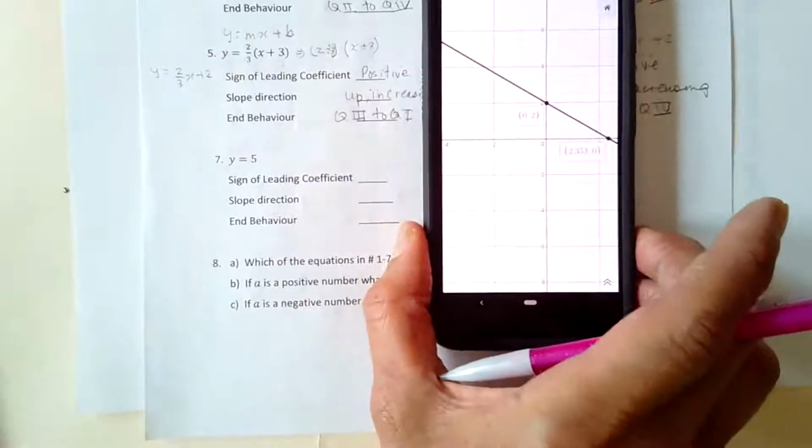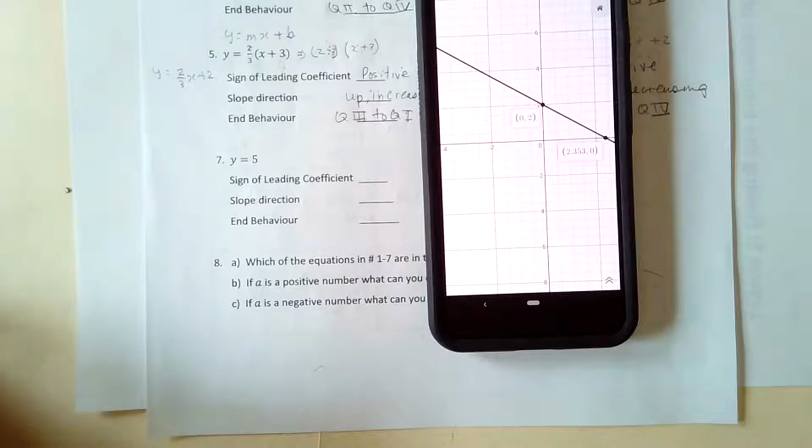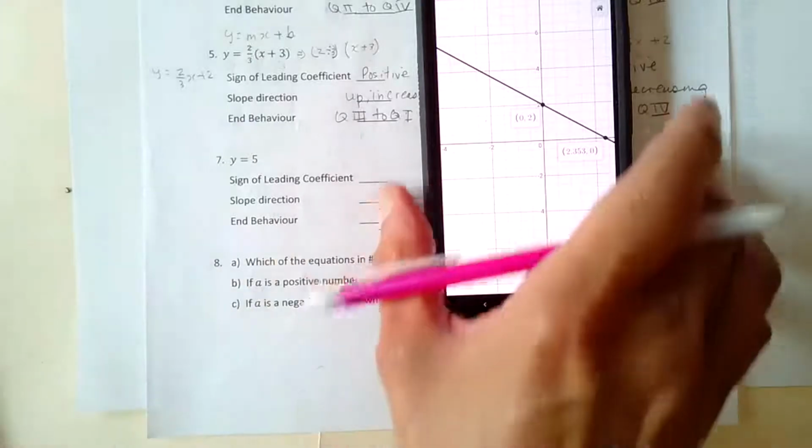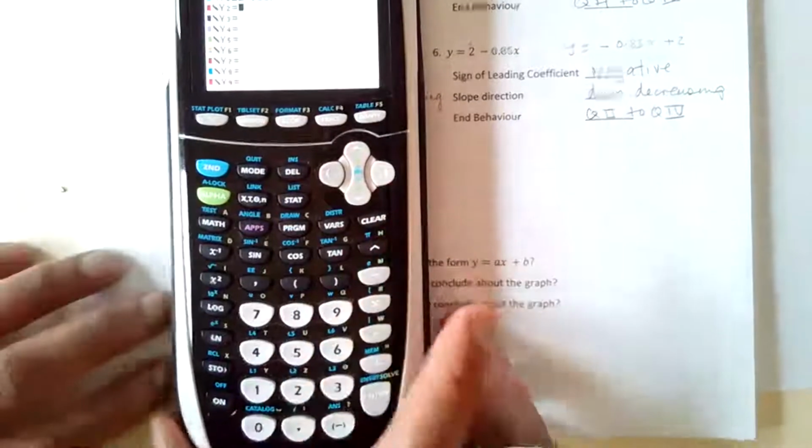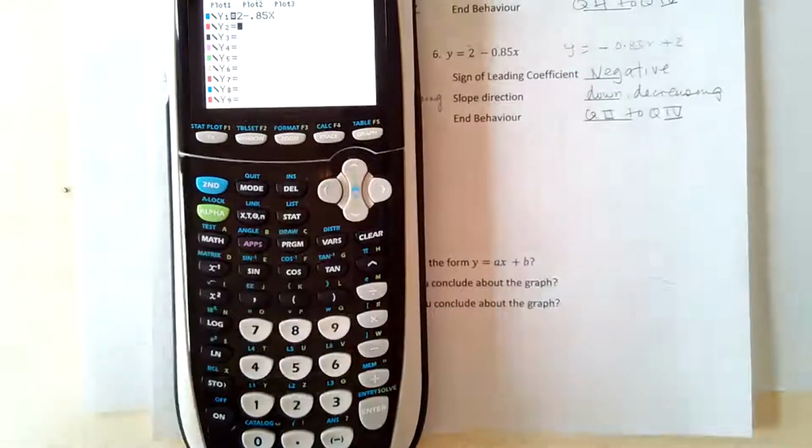So Desmos has a little bit more straightforward feature. Just for those of you with your graphing calculator, a warning of what happens.